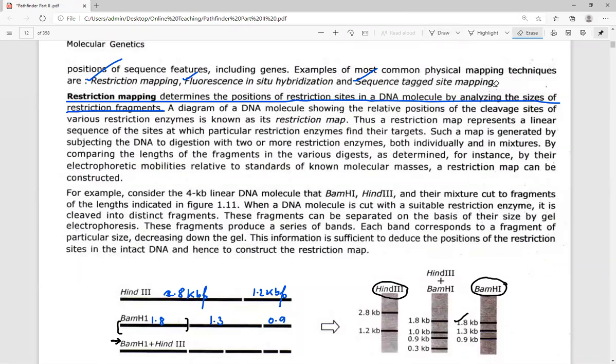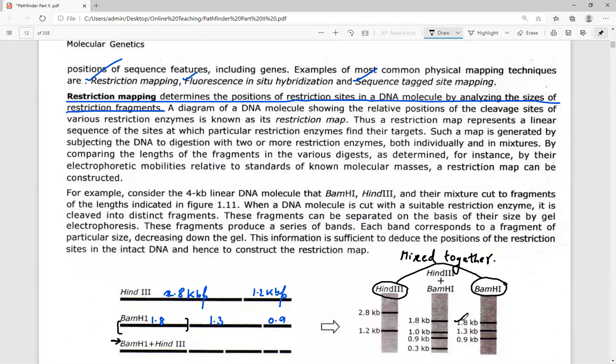Sorry for the disturbance caused. Then what is going to happen? 2.8 and 1.2 are going to be cleaved. Now this 2.8 would be cleaved in the form of 1.8.